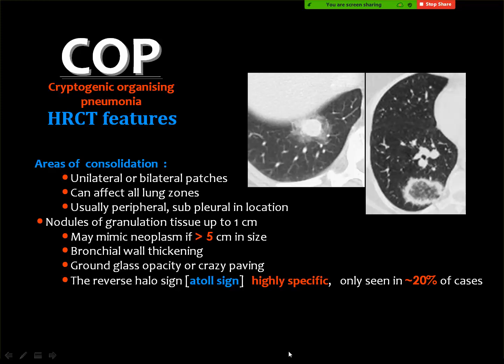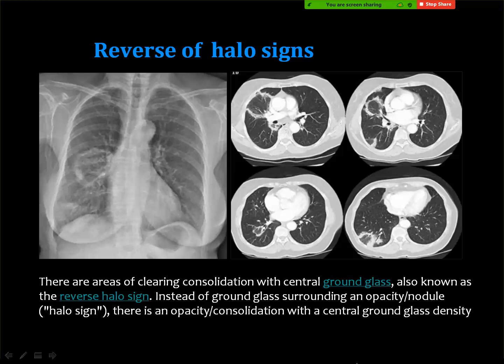Also, if you see pneumonic patches that are not responding to antibiotics, and you think of one of two, acute eosinophilic pneumonia or cryptogenic organizing pneumonia, then you go for the blood culture or the bronchial lavage. If you see eosinophilia, you select the first one, acute eosinophilic pneumonia. If you do not, then you think of cryptogenic organizing pneumonia.